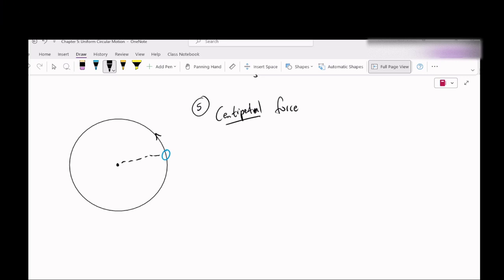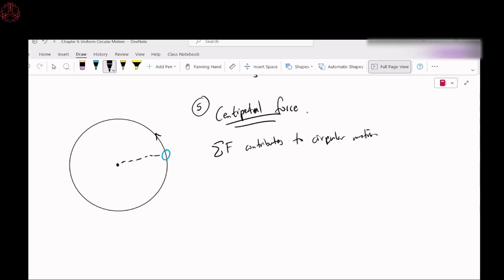Now, what I want you to remember is that the centripetal force is no different than the resultant force in Newton's law. So this is going to be the summation of all forces that contribute to the circular motion.